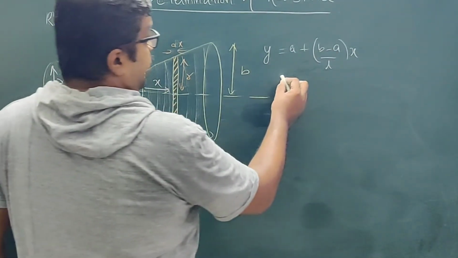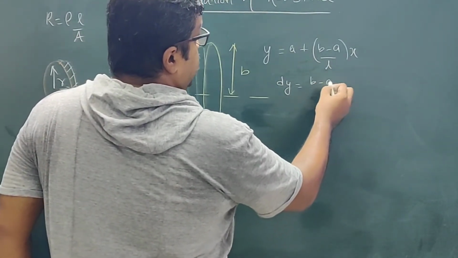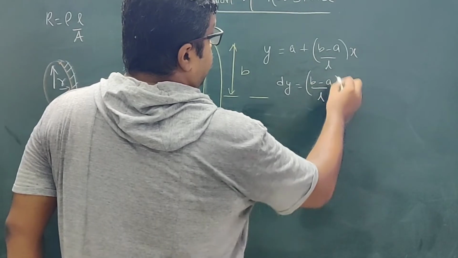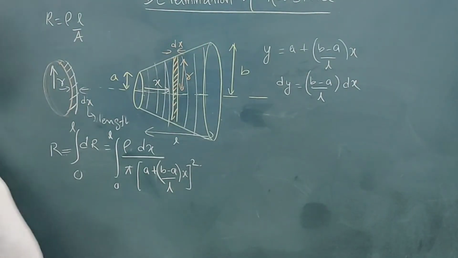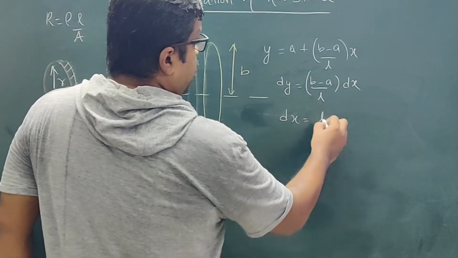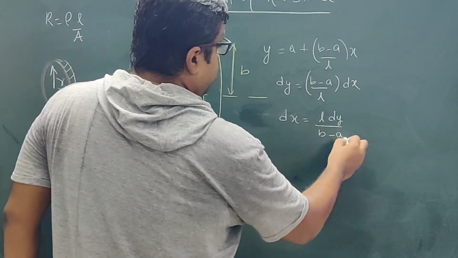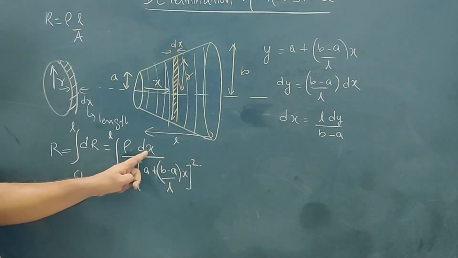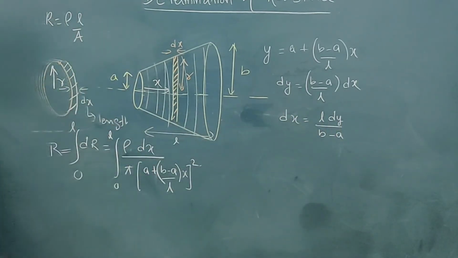So we have dy equal to, this becomes 0, (B minus A) by L into dx. So that gives dx is equal to L dy divided by (B minus A). So this dx can be replaced by this term, correct?